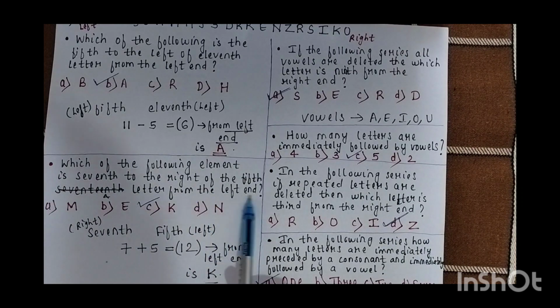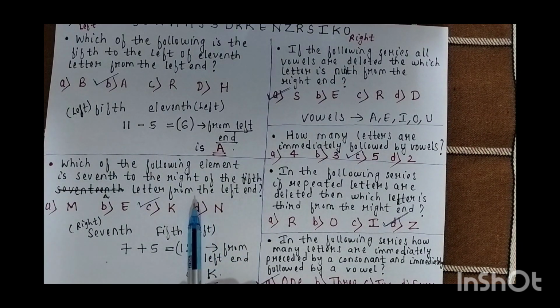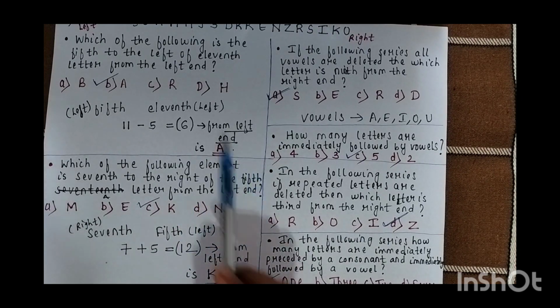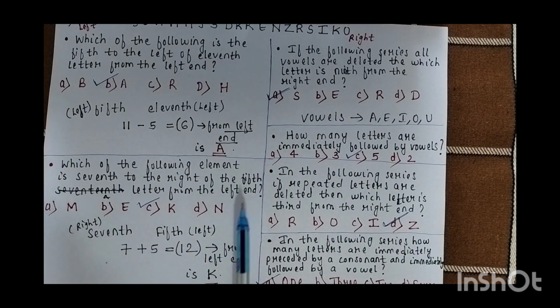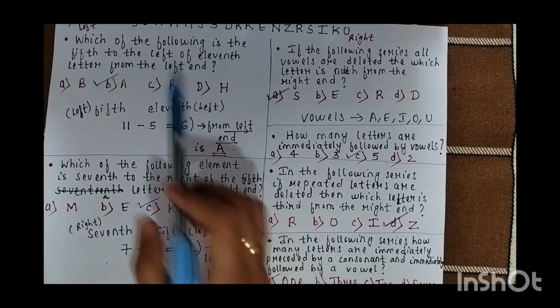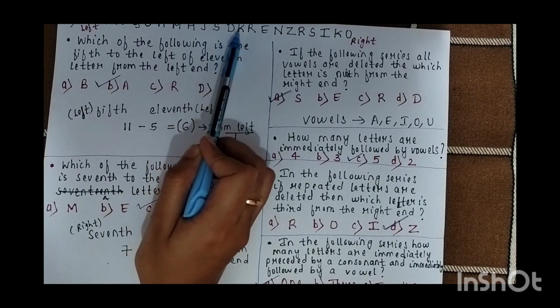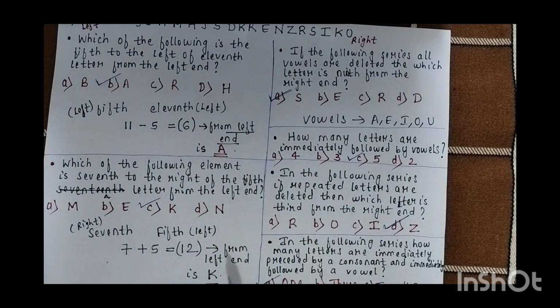From the left end. Whatever they ask in the question, from the left end or from the right end, from there you need to count. So here, from the left end, 12th. So 1, 2, 3, 4, 5, 6, 7, 8, 9, 10, 11, 12. So the answer is K. C is the correct option.